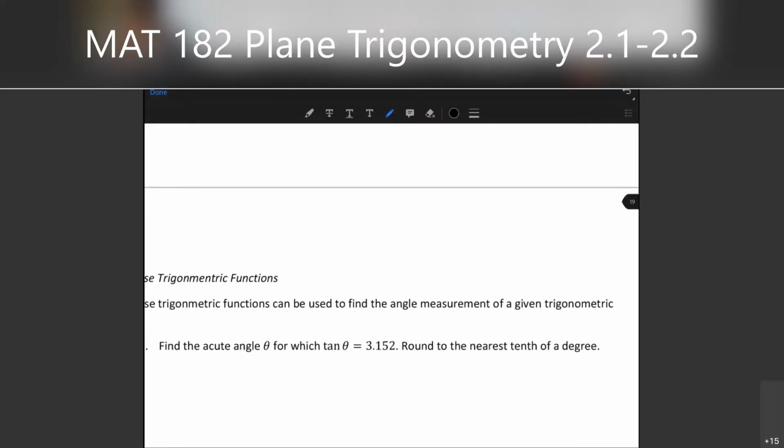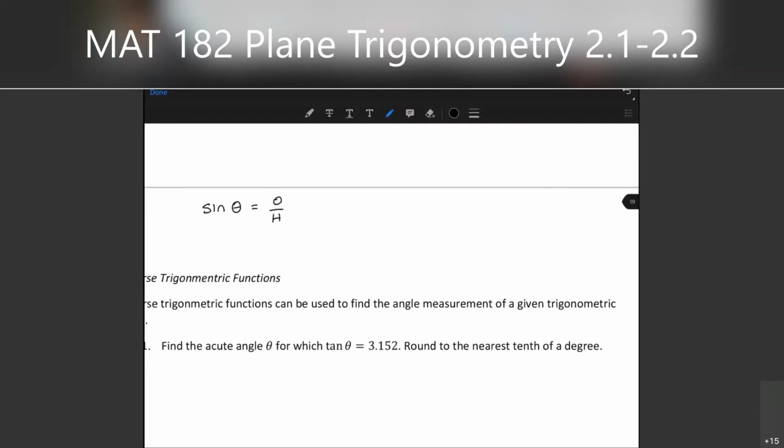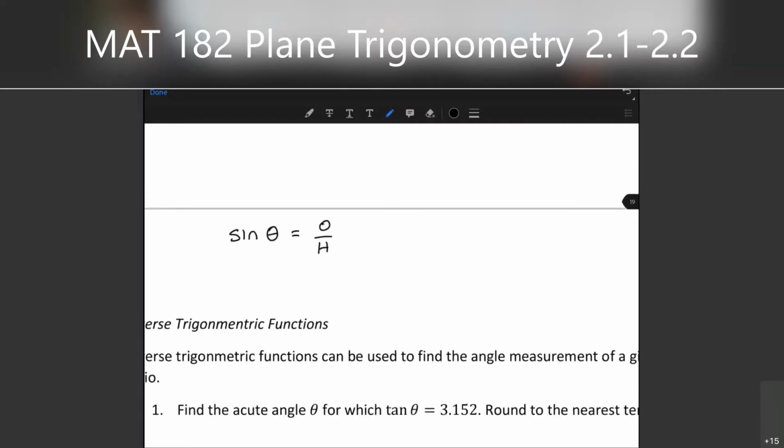To start, let me just use the sine function as an example, but it works with all of the other functions. If I had sine of theta equals opposite over hypotenuse, just for our general definition, remember that theta here, when we have a sine function, is an angle, and it outputs a side ratio.